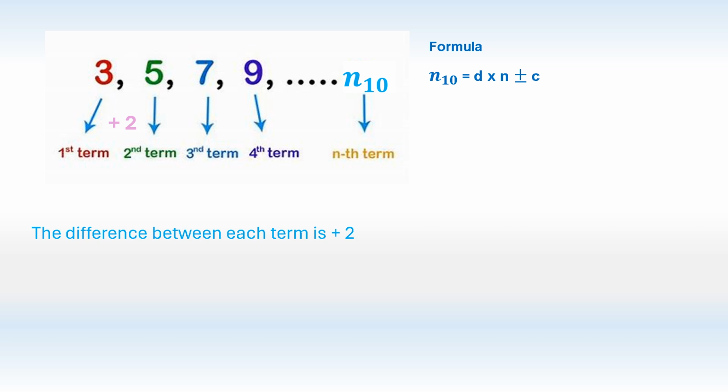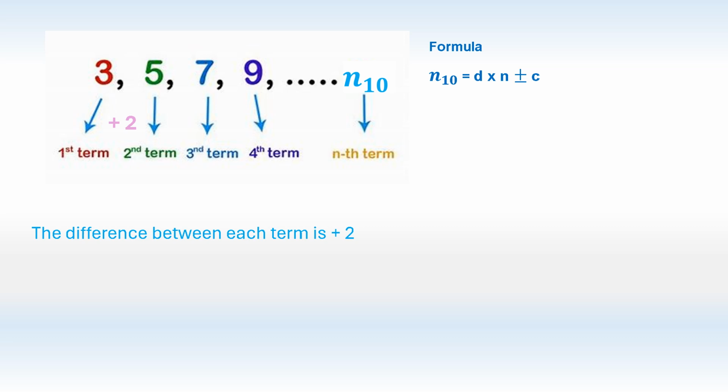And we can see that the difference between each one is 2. Now, in order to calculate the nth term, we are going to use this formula here. We're going to say nth term is equal to d times n plus or minus c. I'm going to explain why we use plus or minus c just now.